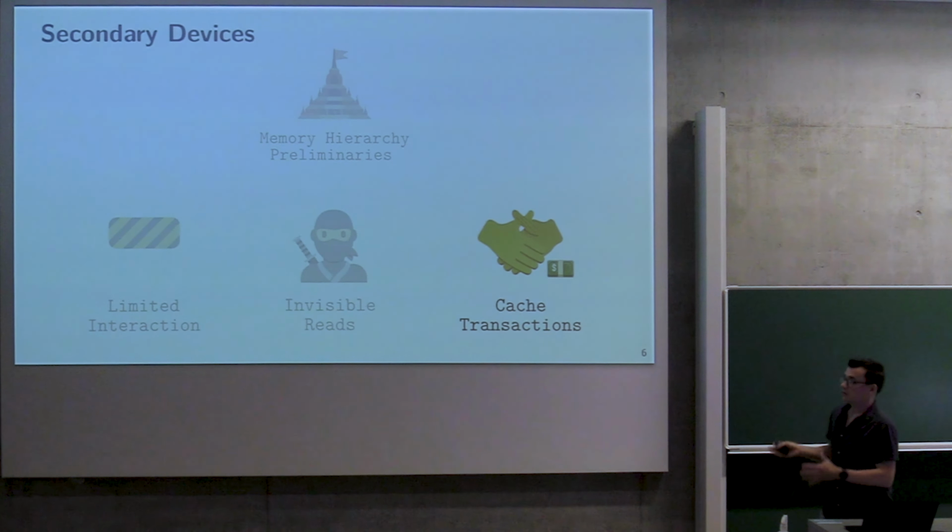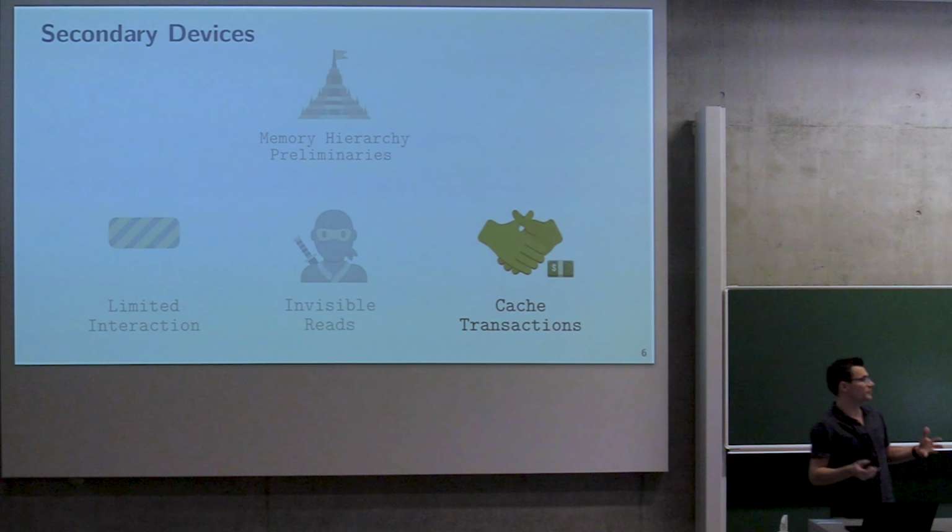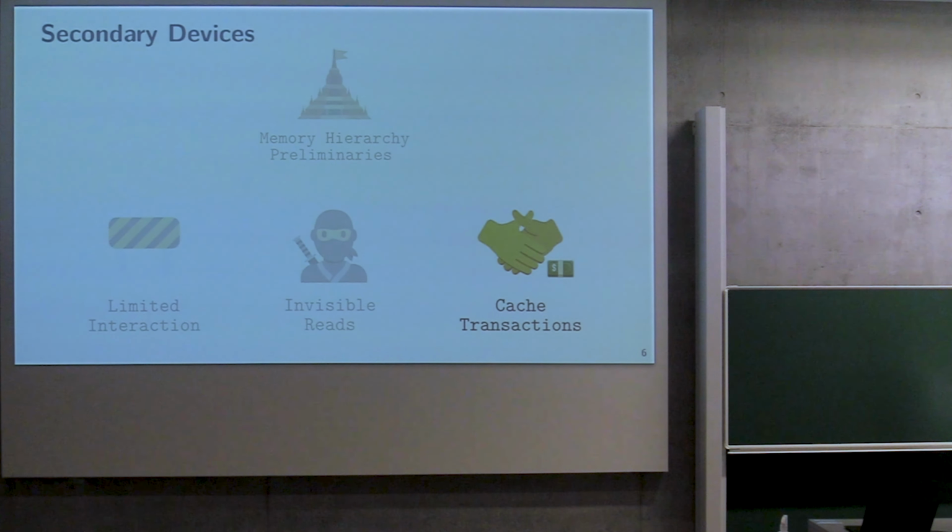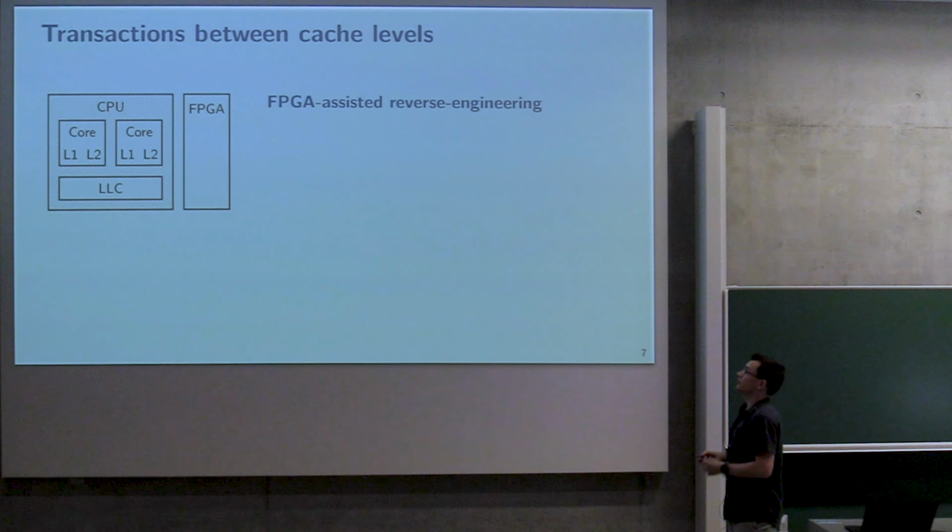And then as a final deep dive part into the interaction between secondary devices and memory, let's look at cache transactions. So that's basically, we're studying the LLC. So we want to know how lines can be moved in and out of it.